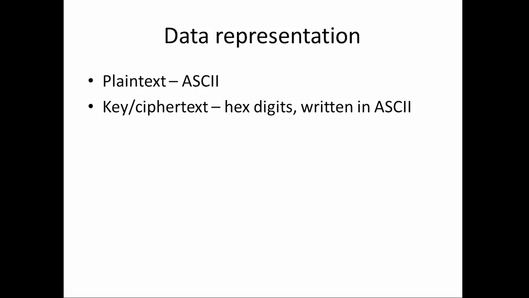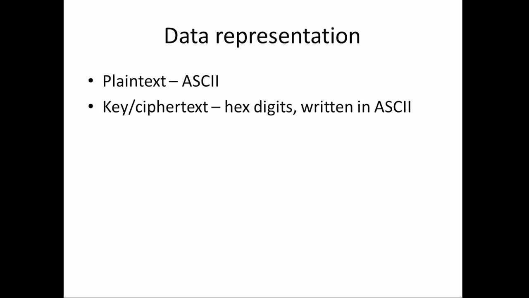And we have to make some decision about how we're going to be representing the data in those files. The plaintext file is represented using really the natural format. That is, we're going to just use plain old ASCII files as our plaintext, and that's going to allow us to really encrypt anything we like, which is always ultimately represented in ASCII.